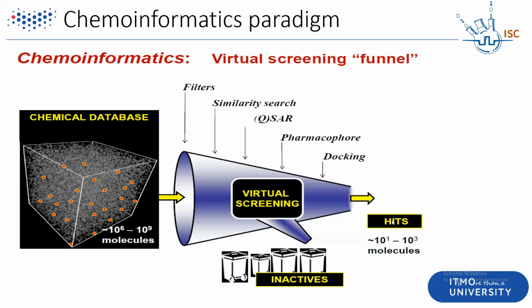So what is the chemoinformatics paradigm? I already explained in the previous slides that you have the chemical database containing up to 10 to the 9th power molecules. I would say 10 to the 14th power maybe. Then you can just take it and analyze using different tools like filters, similarity search, structure activity.